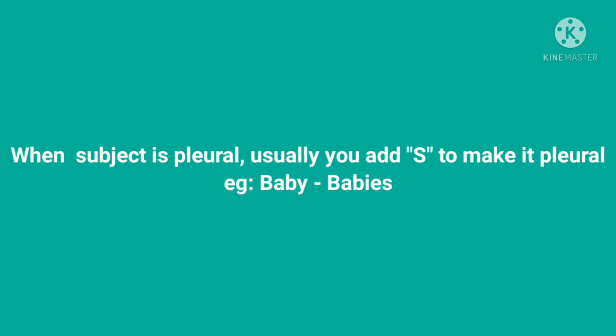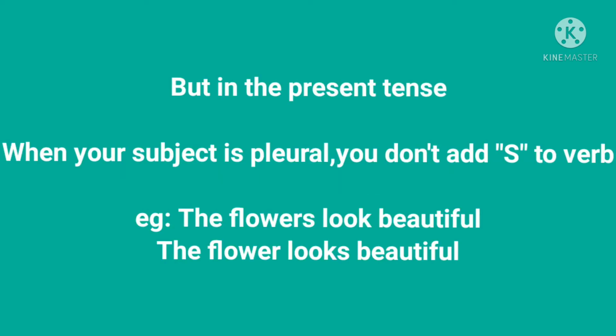And if your subject is plural, you do not add s to the verb, that means in the present tense. Example, the flowers look beautiful. And if it's singular, we say, the flower looks beautiful.